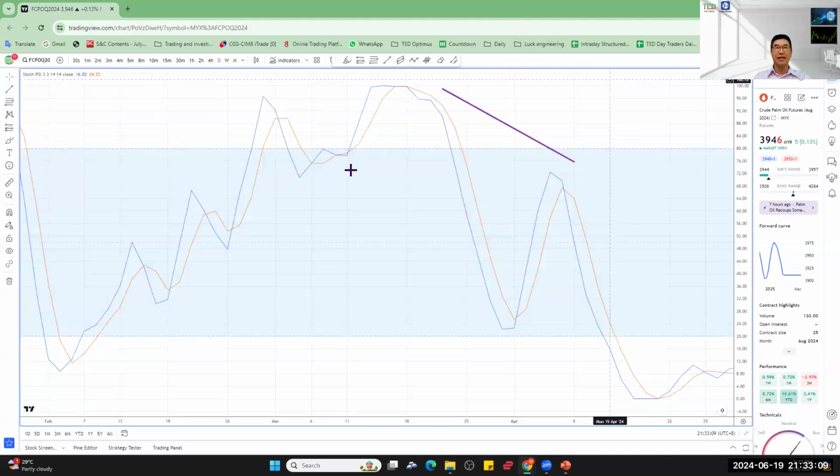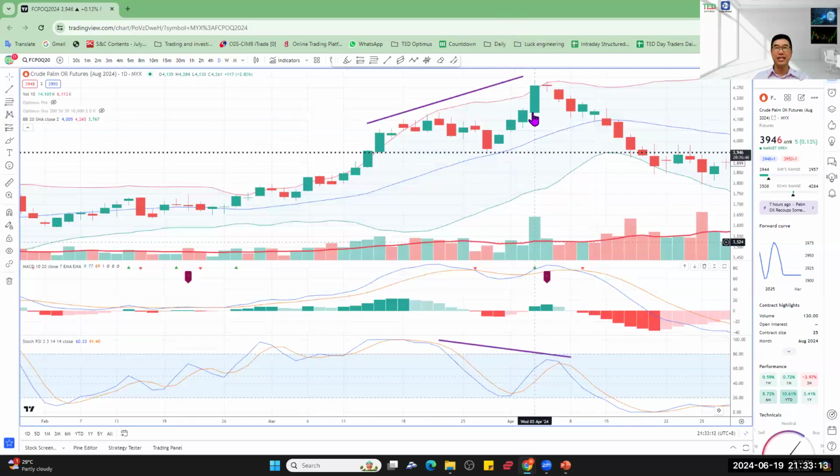Meaning that when the price hit the highest, this peak is lower than this, meaning that this is not a very strong uptrend. This is not sustainable. So combining this and this, plus if you know how to read doji, you know that the reversal is coming.